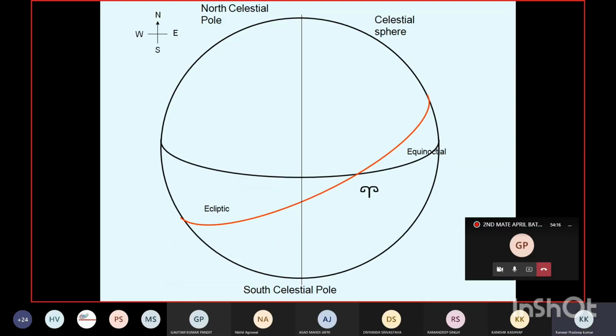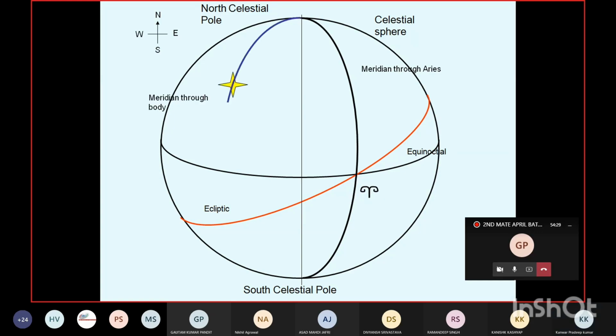So now here the diagram is showing only this part of the sphere, not the other part. Meridian passing through Aries, meridian passing through the body. So what will be this angle? SHA, sidereal hour angle, measured westwards.